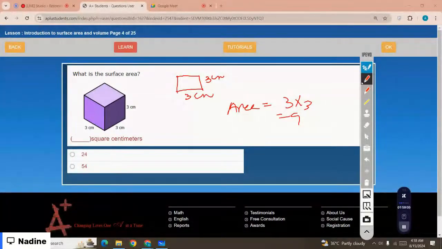Now the faces. You need to multiply the area of one face times 6, because they all have exactly the same measurements. You have to do 9 times 6 equals 54.